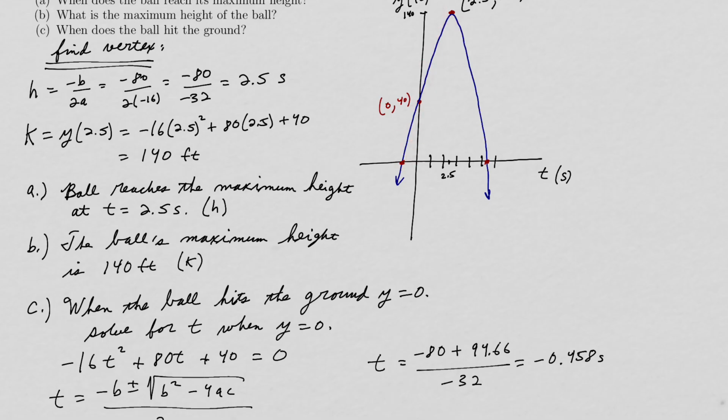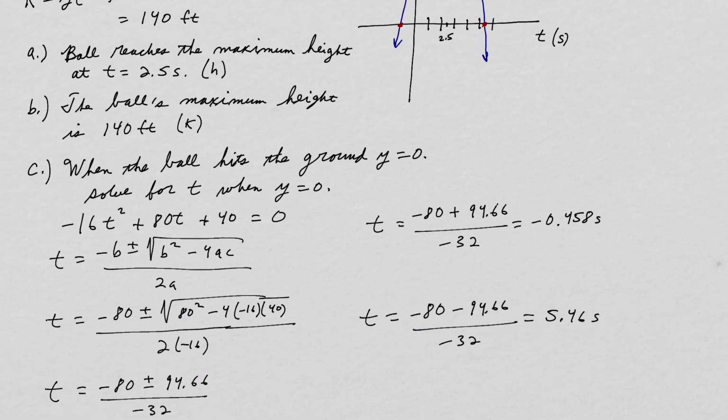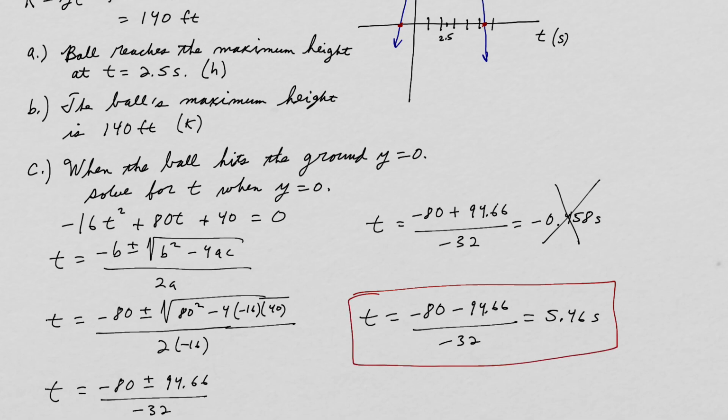Where does this parabola intersect the t-axis? Well, at this point right here, which is (-0.458, 0), and then this is (5.46, 0). Just from physical arguments, we can eliminate this one, but this is the one we want. So that's when the ball hits the ground.